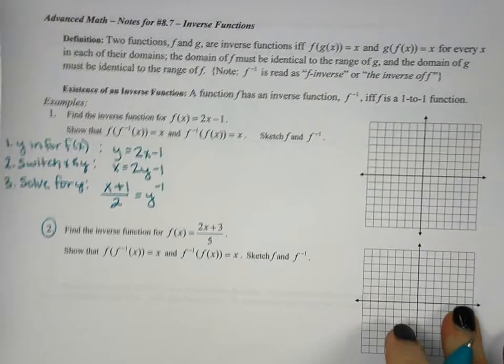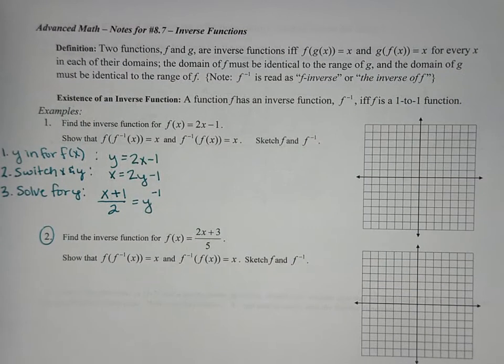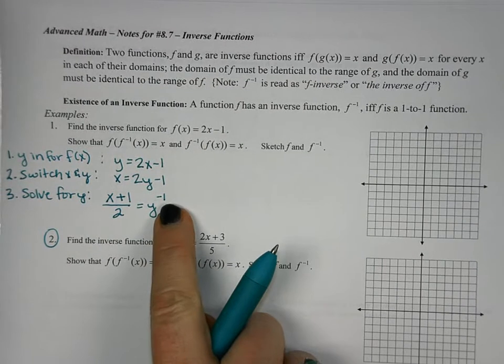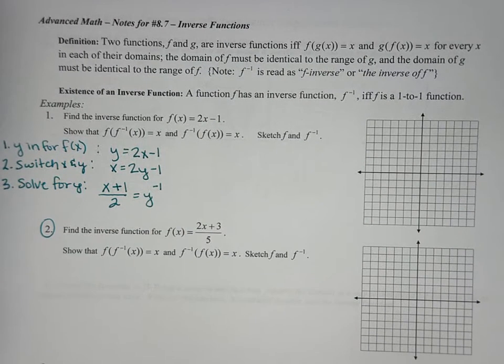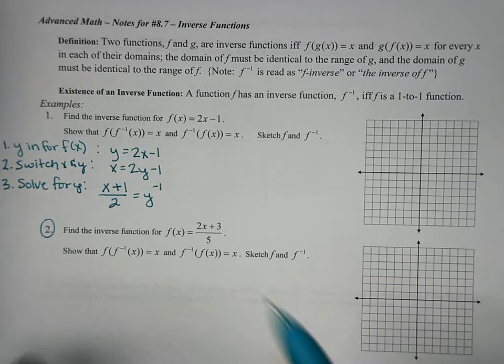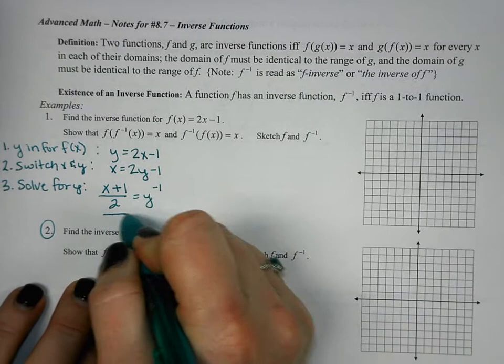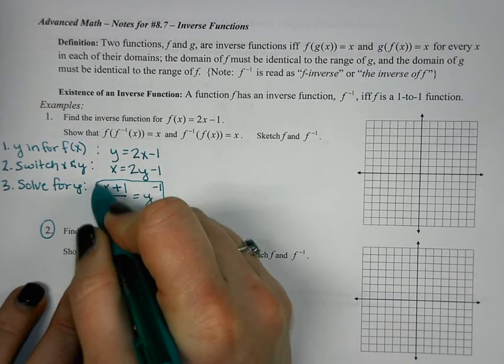That final answer after you solve for y is called your inverse. This here is our symbol for inverse, the little -1, just like an inverse sine or inverse cosine or inverse tangent. That -1 means the same thing with a function. It means an inverse. So for that first question, find the inverse, that would be our answer.